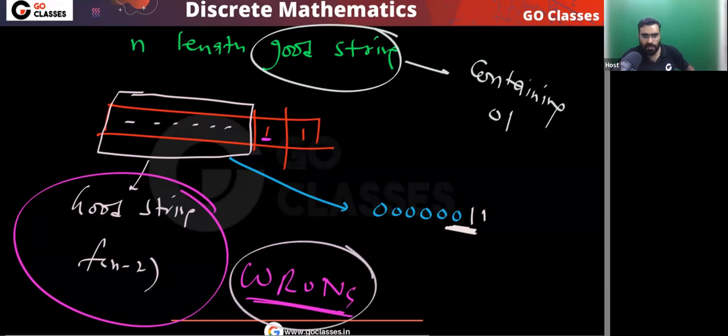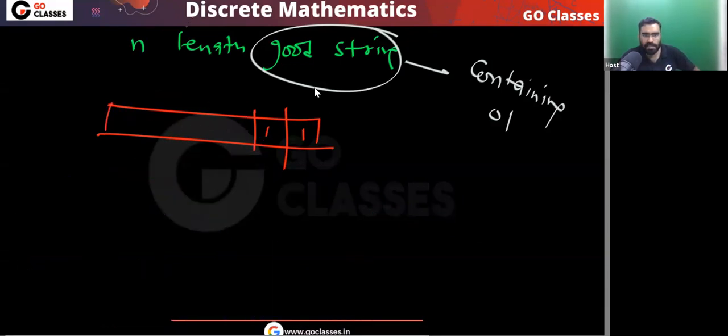Okay. Now, if this is wrong, then what is another idea? Yesterday, some students suggested in the private GoClasses Telegram group, that, sir, in this case you simply count fn minus 1. Means here you must have good.